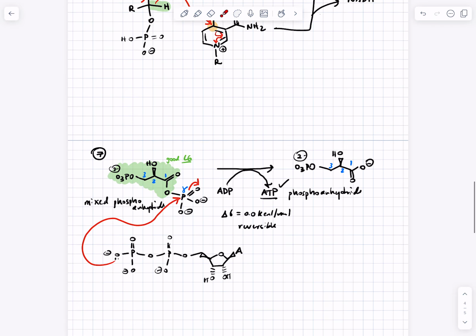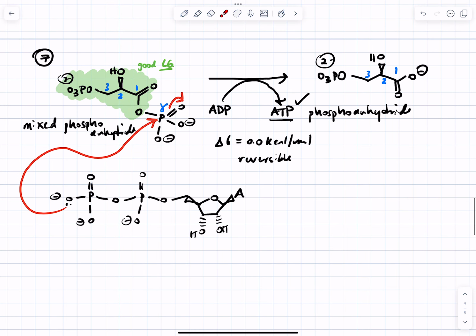And so when we left off last time, we were going to use this very reactive mixed phosphoanhydride to create a new phosphoanhydride in ATP. So basically this is a kinase style reaction. The enzyme that catalyzes this reaction is called phosphoglycerate kinase.